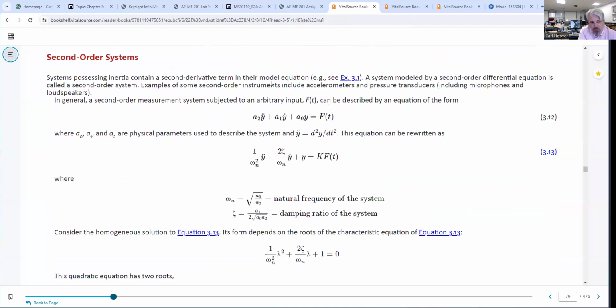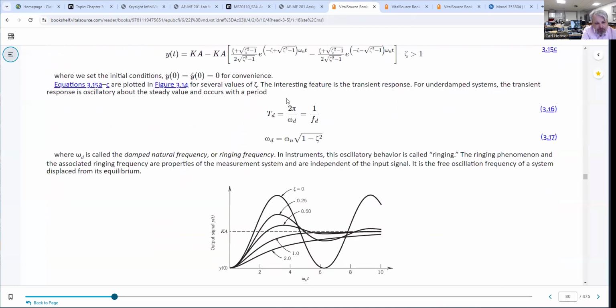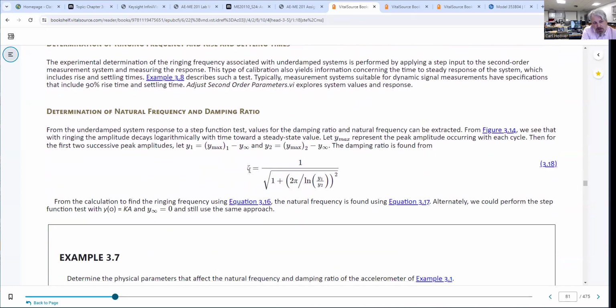Starting right here. Okay, so all the background that you need is going to be in this section of Chapter 3. And again, we're going to be using primarily this equation right here for characterizing the damping as it decays after a free vibration impulse response.